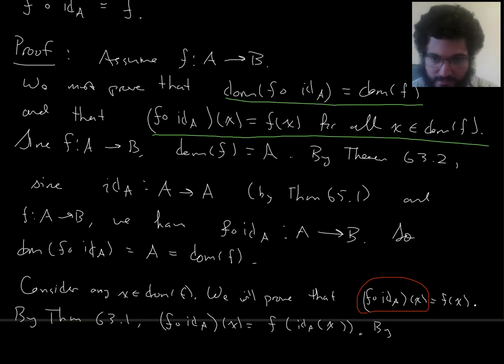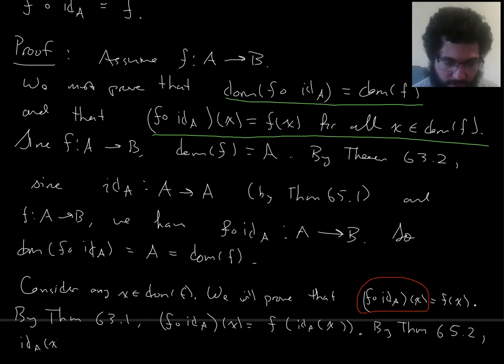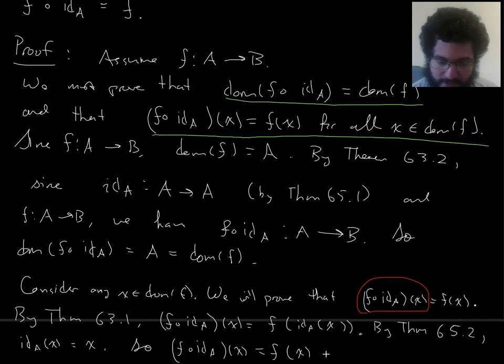So, by Theorem 65 part 2, the previous part of the theorem that we're working on right now, this is this. So let me repeat this statement up here, but replacing id A of x by something that it's equal to, which is x. And that's it.